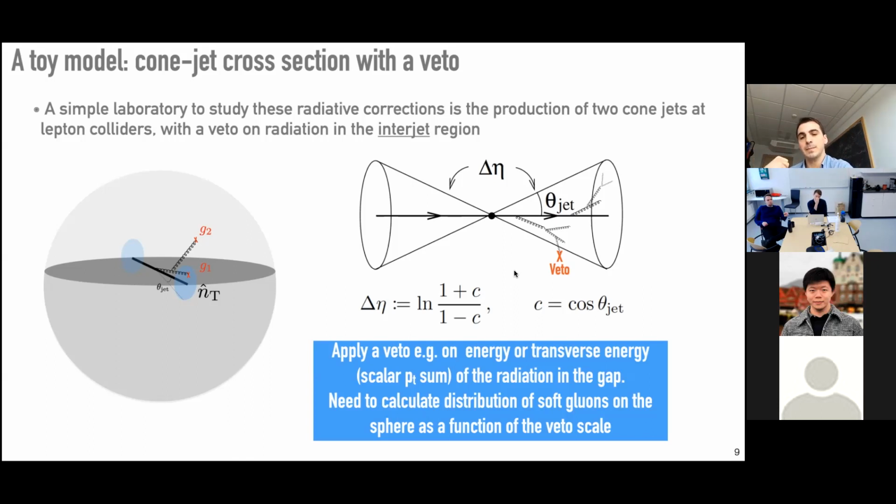And to solve that problem, we need to compute the precise distribution of gluons on the sphere at infinity as a function of the resolution scale of these gluons, that, for instance, is the energy or the transverse momentum with respect to the emitting system. And as we will see in a second, this problem becomes very soon very nonlinear. So it requires specific, engineered methods to be solved.